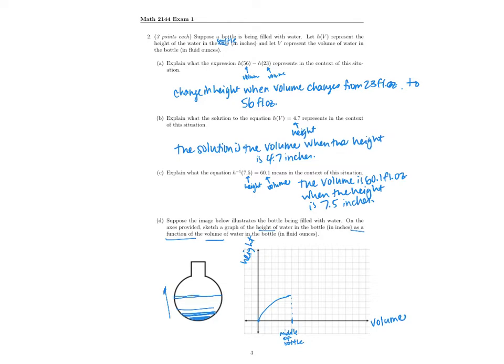And then at that point, it starts doing the opposite thing. As we go up and it gets thinner, less wide, a little change in volume will go further in making an increase in the height. So it's going to be concave up here. And then when we get to this point, we have a constant rate of change between volume and height because the width of the bottle is not changing.